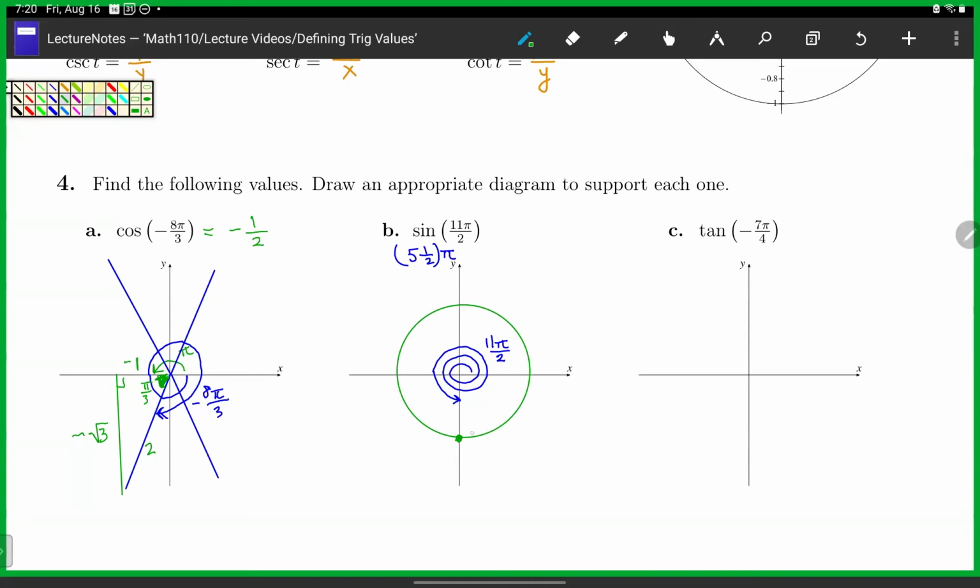This point here is the point 0, negative 1, and sine just picks out the y-coordinate, so this is going to be negative 1.